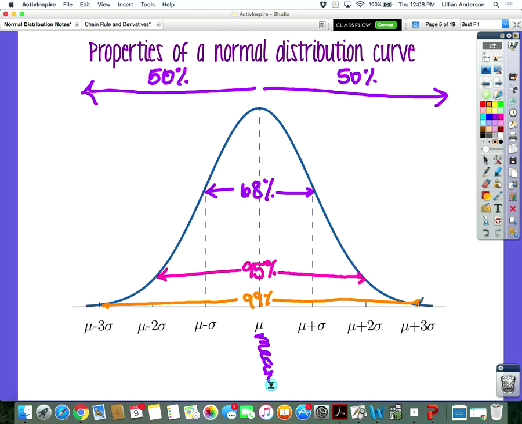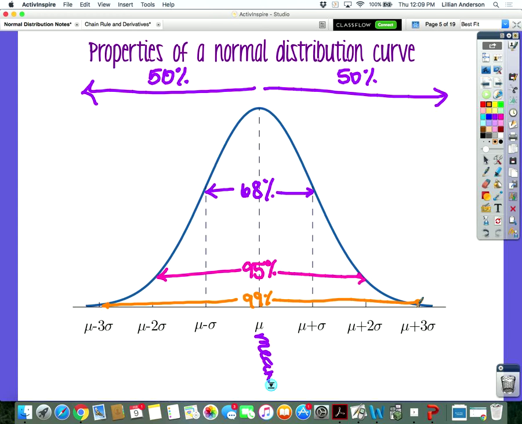Meaning the curve is going to get really close to the horizontal axis, but it's never going to cross or touch it. So three standard deviations is 99%, and a little bit is outside of that. Is everybody still with me?